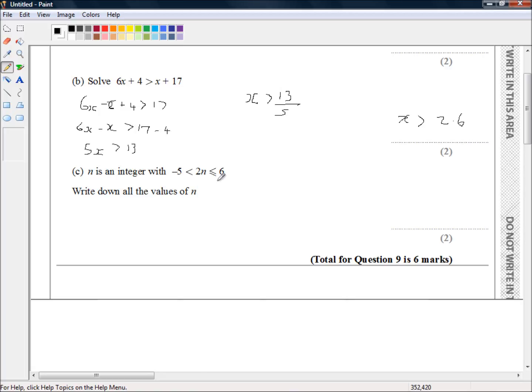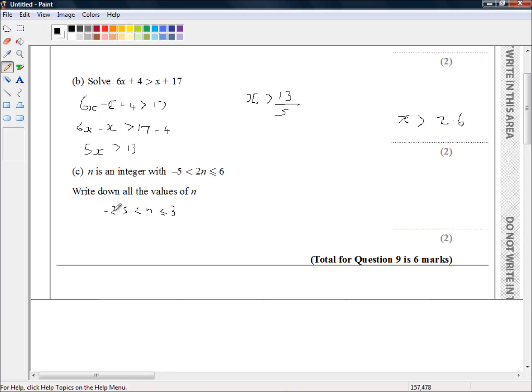Okay, well the simplest way to do this is to divide everything through by 2, and that gives us -2.5 is less than n, which is less than or equal to 3.